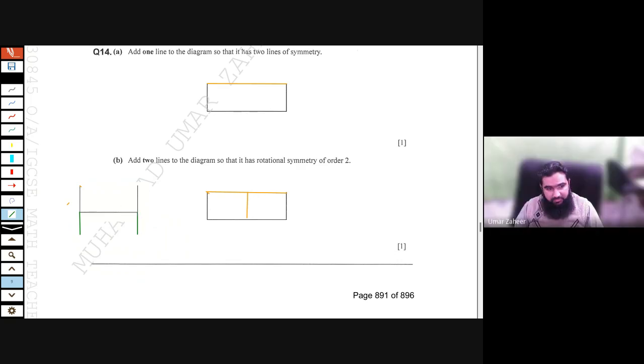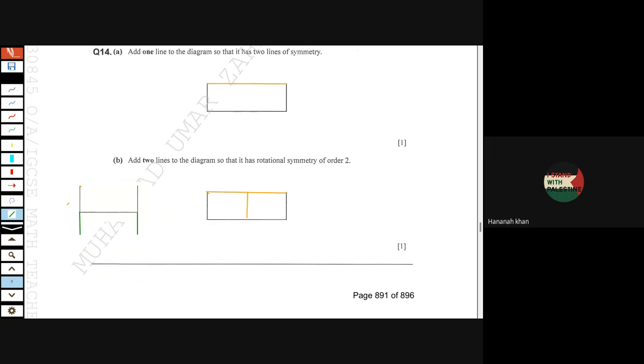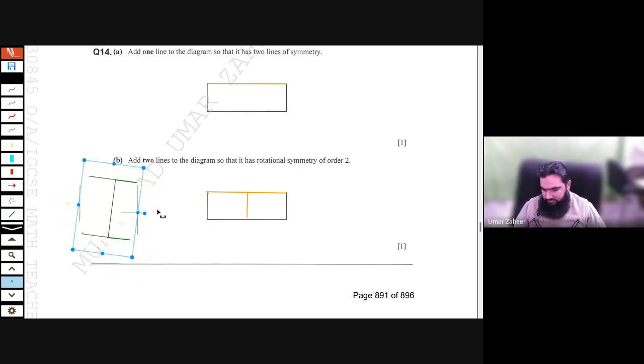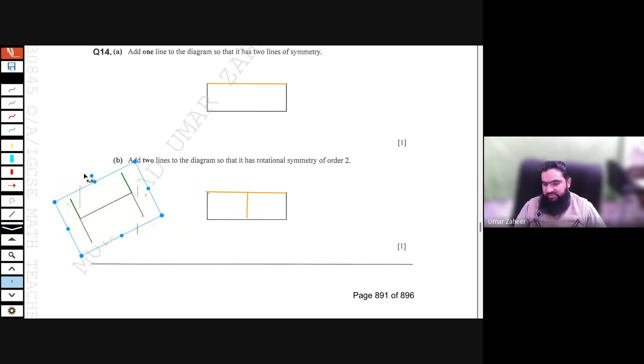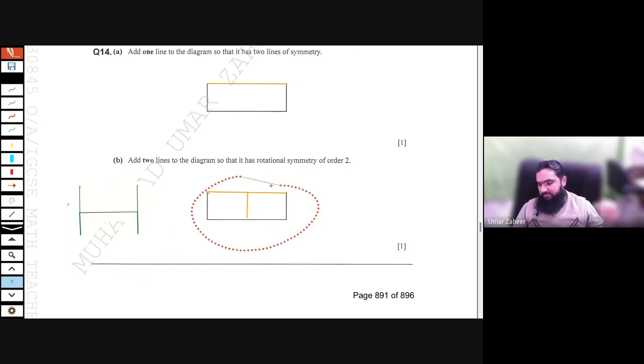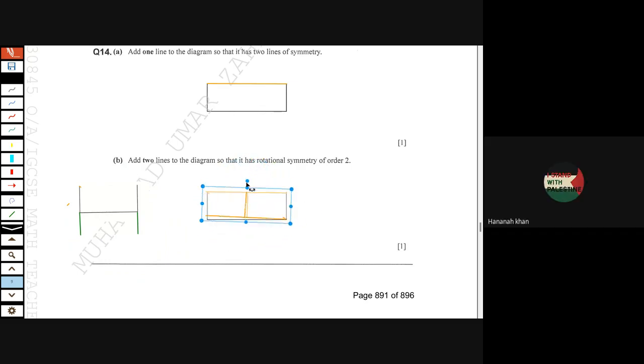Let's see how to rotate it. If we make it exactly the same length, obviously in my mind it is this one. If you rotate it, you are going to get the same, accurate result.